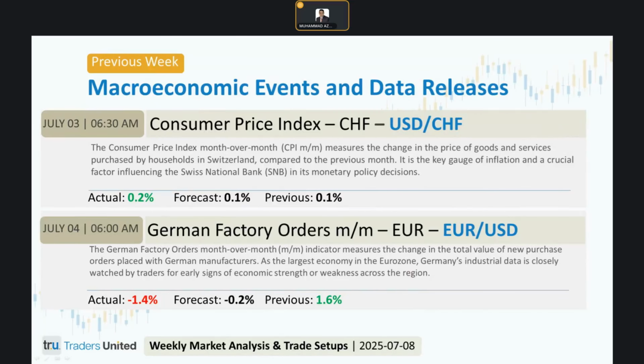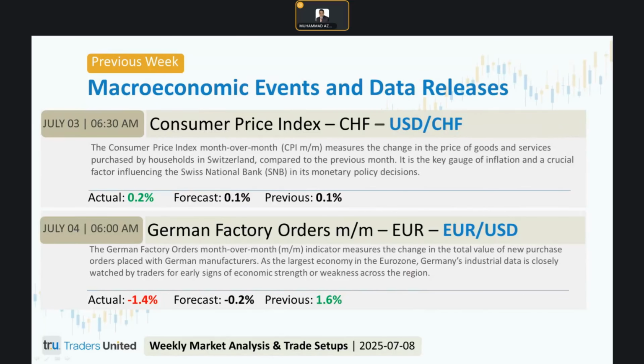So the key takeaway for US dollar Swiss franc is that the CPI beat, at 0.2%. Normally, we expect a bullish CHF, which means USD Swiss franc is going to drop, but the USD Swiss franc moved up, likely driven by US dollar strength or global flows. Traders should monitor US job data, Fed commentary, and risk appetite.